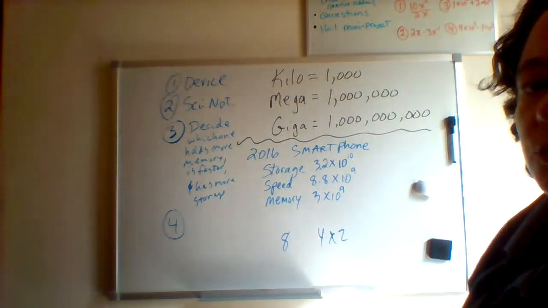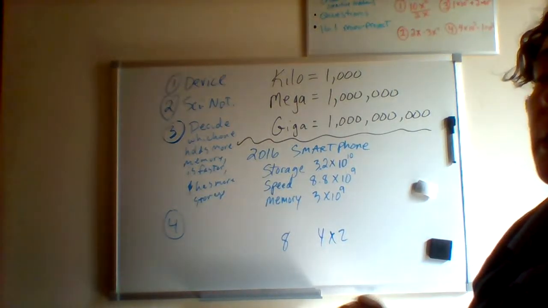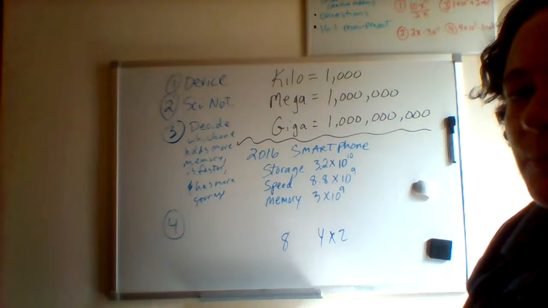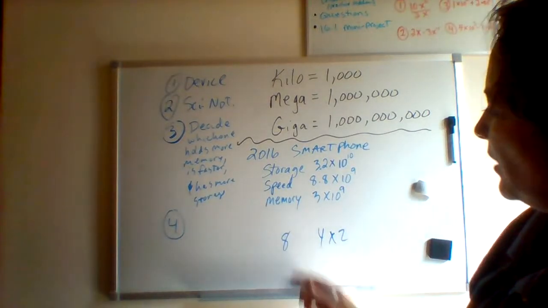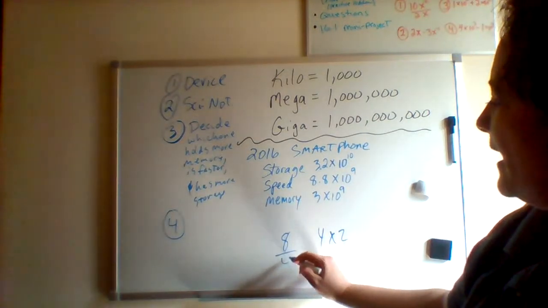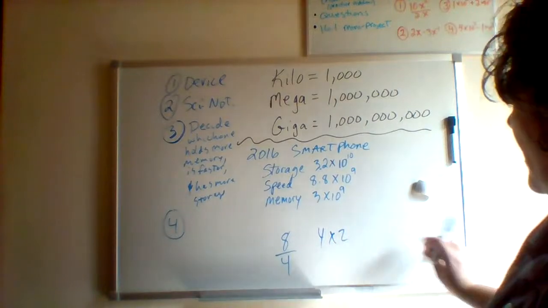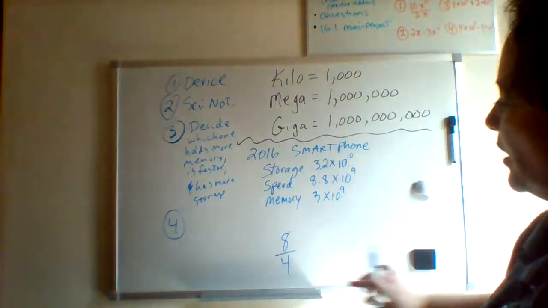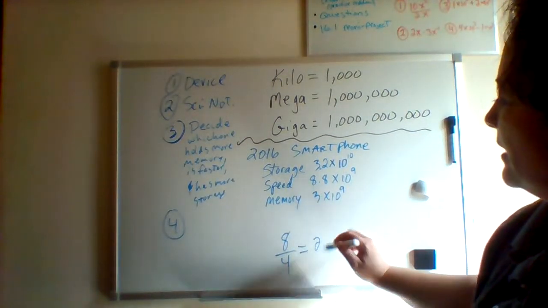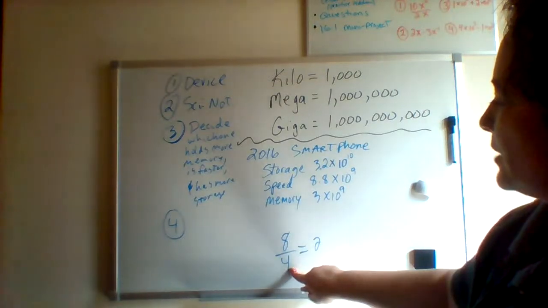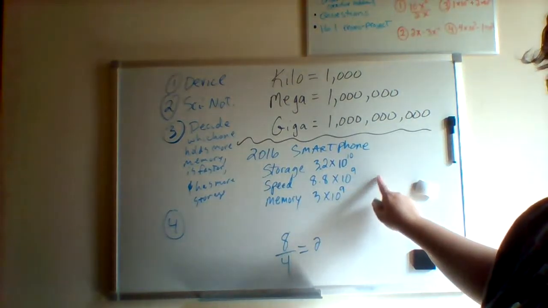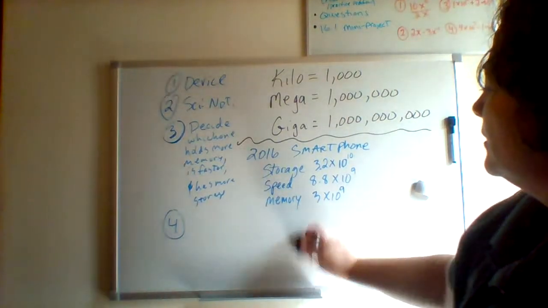For numbers that are not so easy, give me something that I can do all the time and I can depend on it. I think you guys told me just 8 divided by 4 will give me 2, right? And I could depend on that. So that tells me that 8 is 2 times more than 4. You're going to do the same thing with these, and that's step 4.